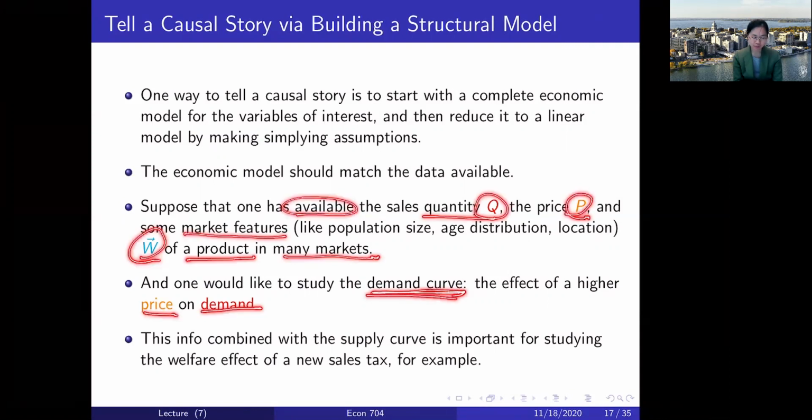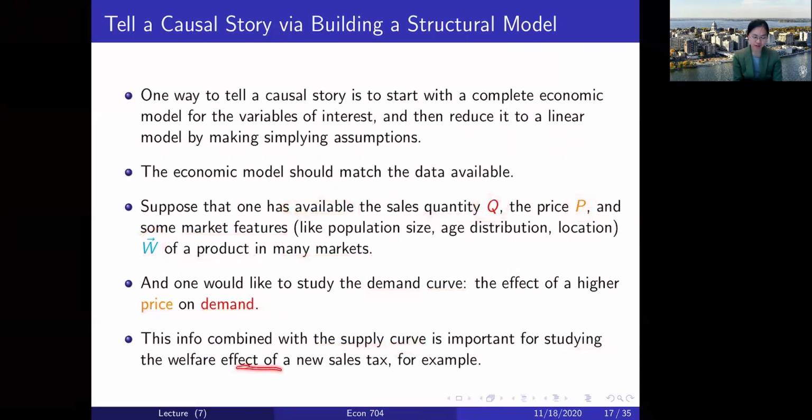This is very important to find out, because combining the demand curve with the supply curve, we will be able to study what happens in the market in great detail. For example, we can study the effect of a new sales tax: how it will affect price, quantity, and ultimately the welfare of the seller as well as the buyer. So finding out the demand curve is quite important.